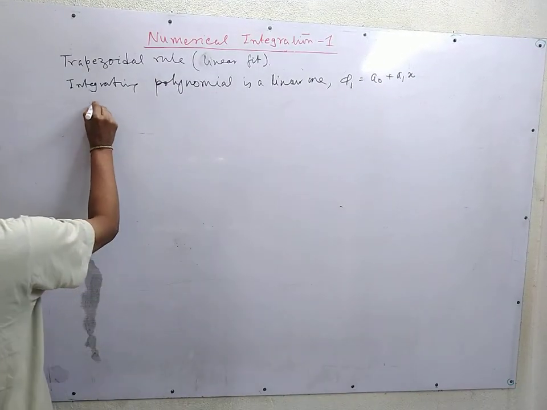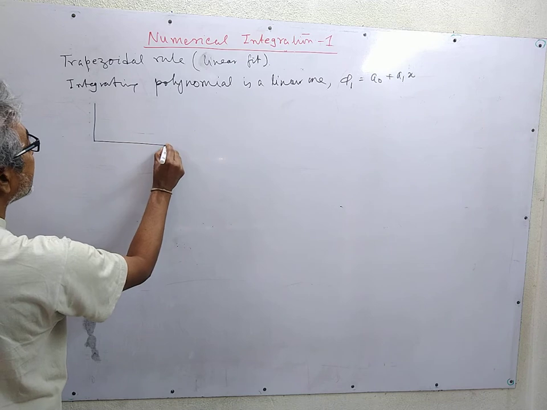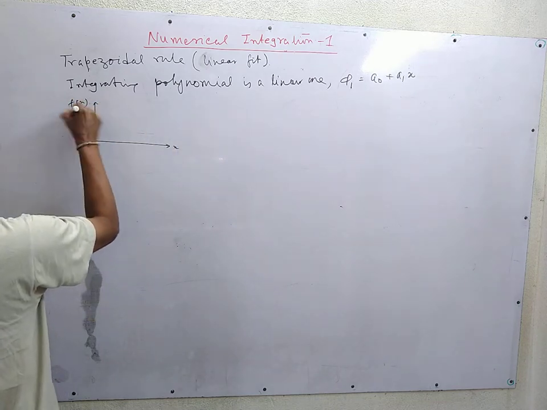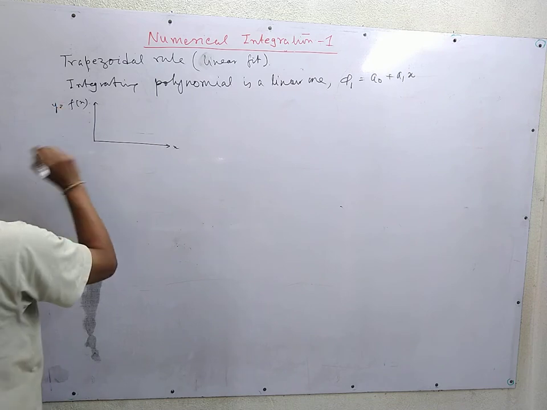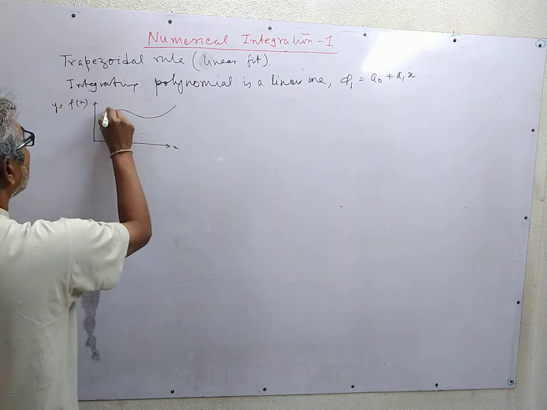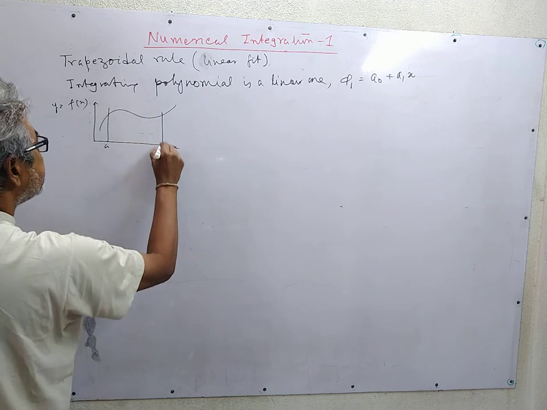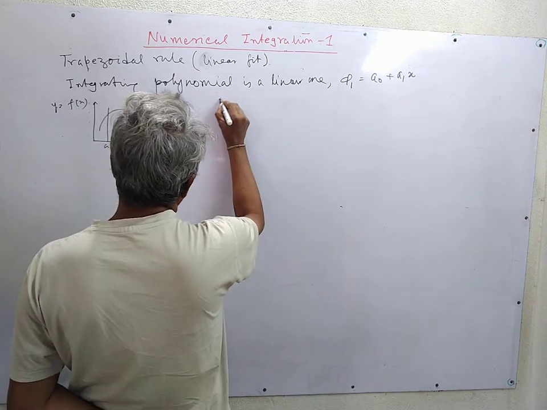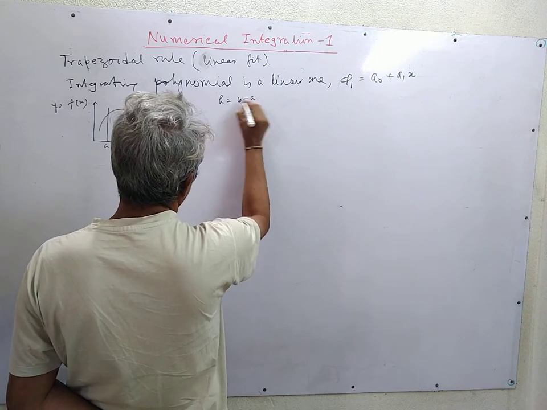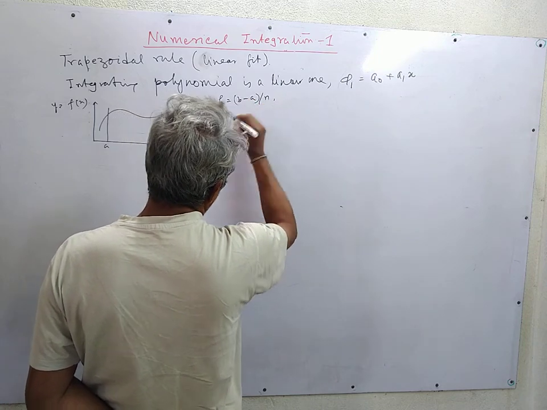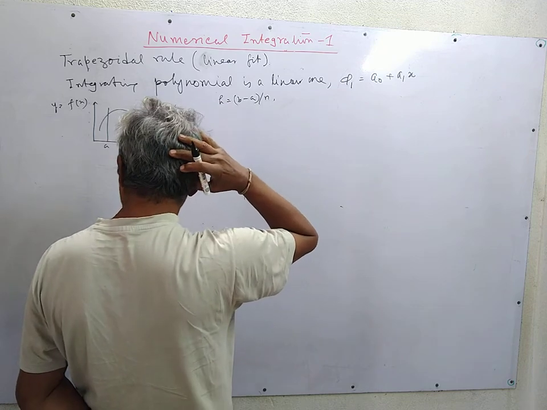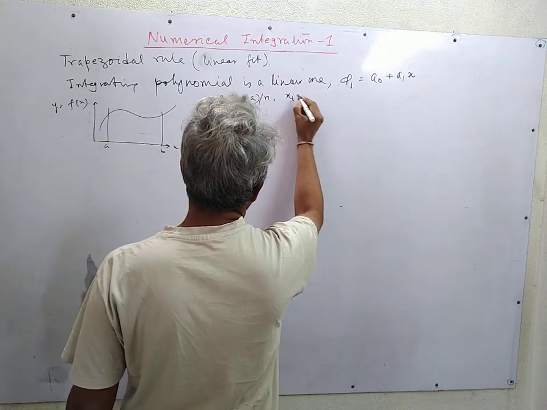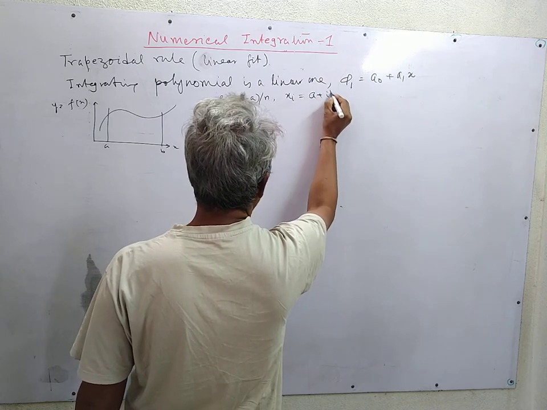Now we divide the entire interval into n equal steps. This is a, this is b. So h is equal to (b minus a) by n for a given n, and as we increase the value of n, the width decreases, and we write xi is equal to a plus i h.